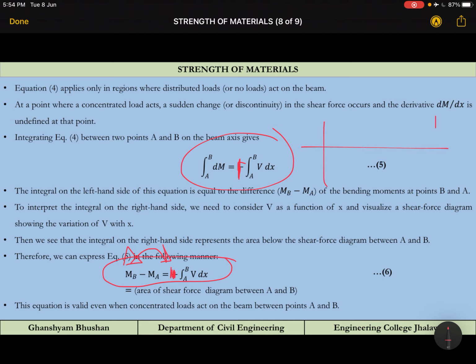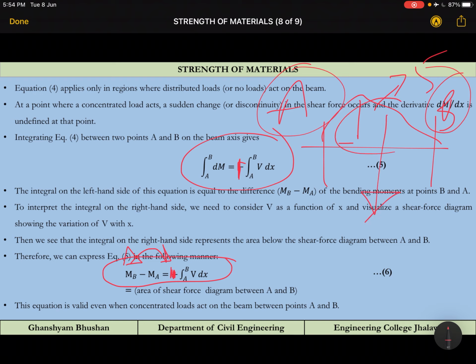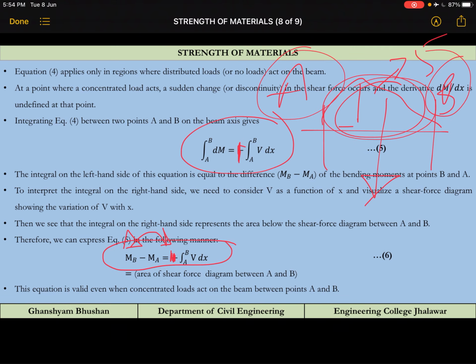So let us say this is a and this is b. So the shear force is this, so the bending moment between these two is the area of this particular curve. Okay, so in this way you can relate the bending moment and shear force. So this is the relationship between these three quantities.